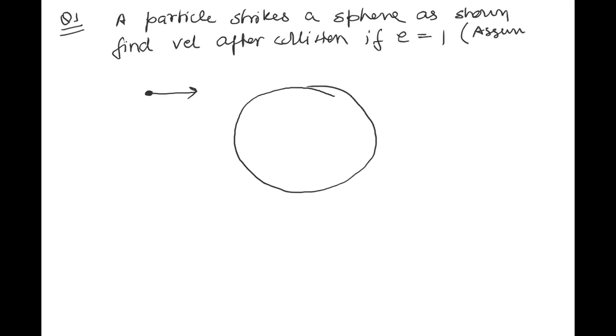Assume no gravity. So this is M, this is R, this is 9M, and this distance is R by 2.